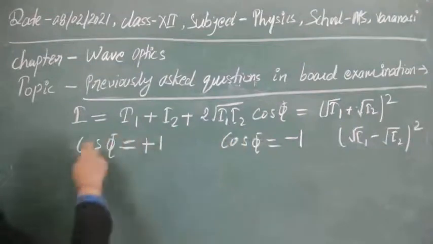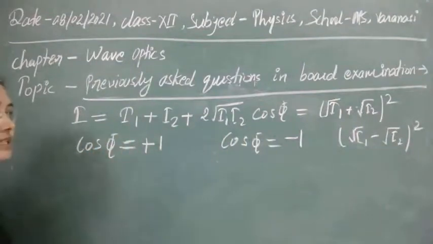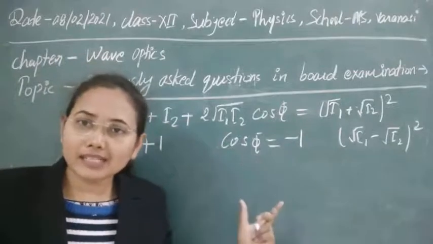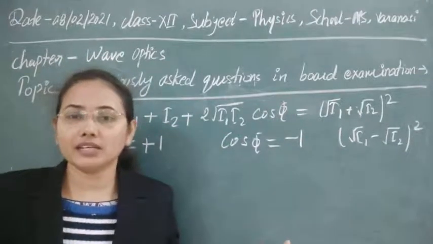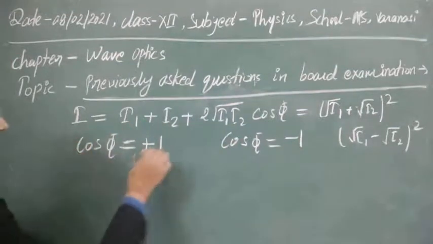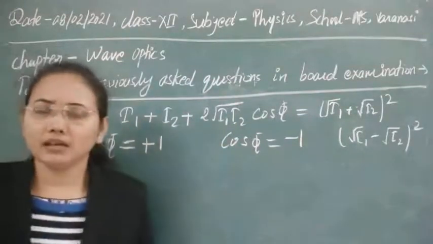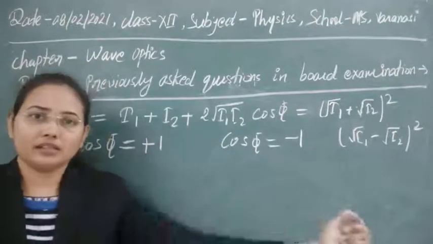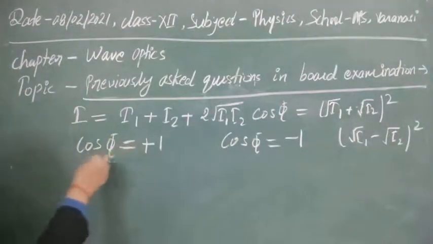If you see these conditions, with their help we can find the conditions to get constructive or destructive interference. In the case of constructive interference, or the condition of bright fringes or maxima, call it whatever name you like.